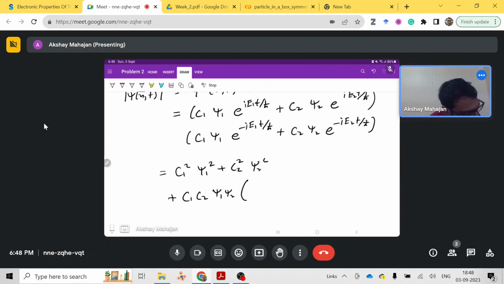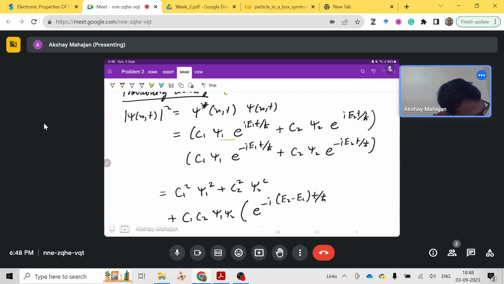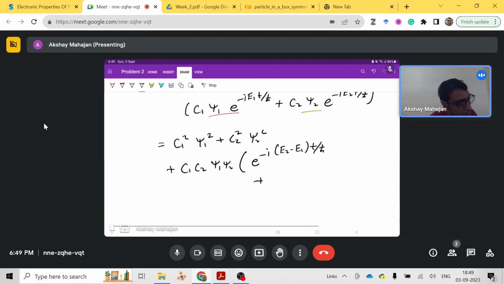Taking the common factor out, we have e to the power minus iota (E2 minus E1) t by h cross, plus, multiplying this and this, and this and this, c1 c2, the common term e to the power iota (E2 minus E1) t by h cross.